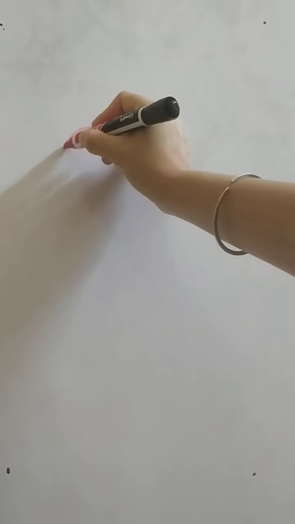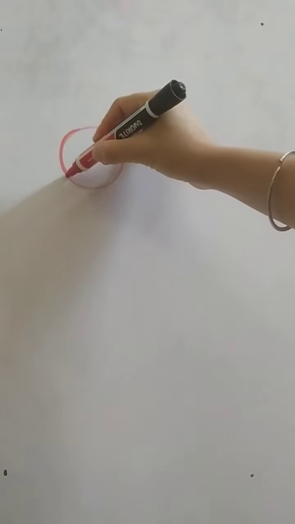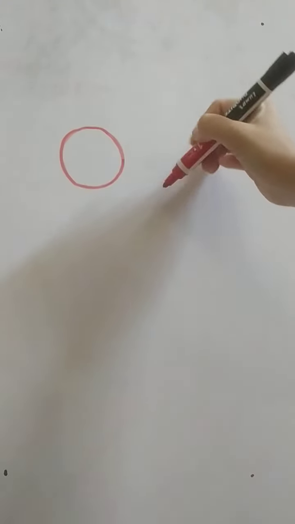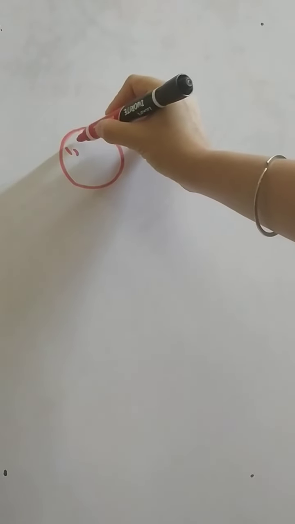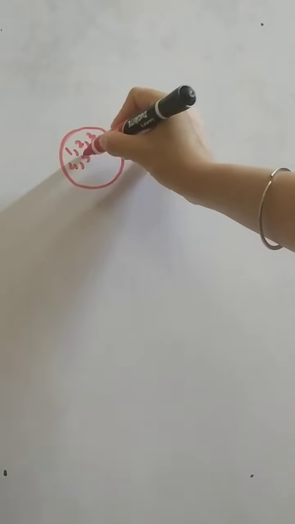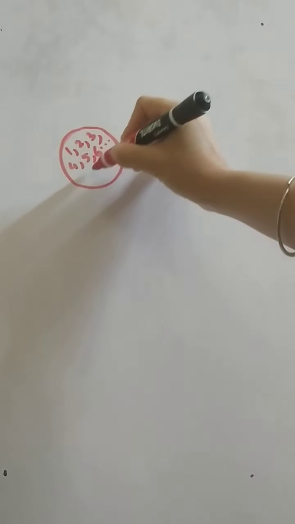So suppose I draw a circle over here. Suppose this is the circle where the positive integers lie. So this is the address of the positive integers.